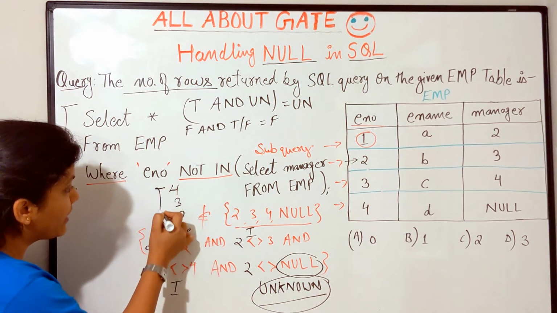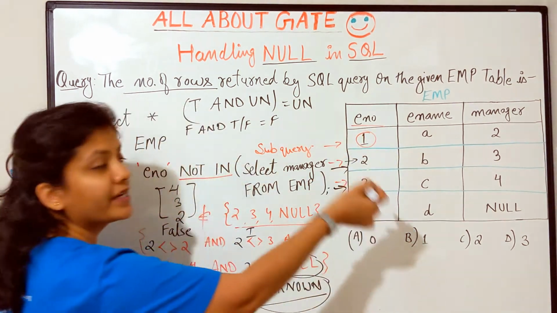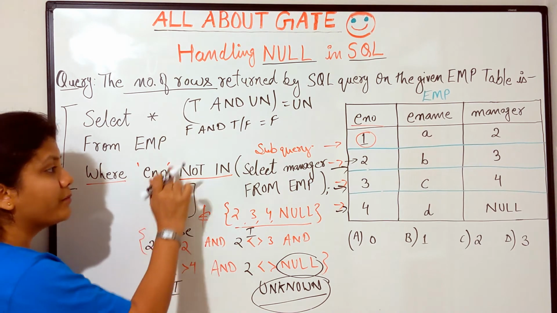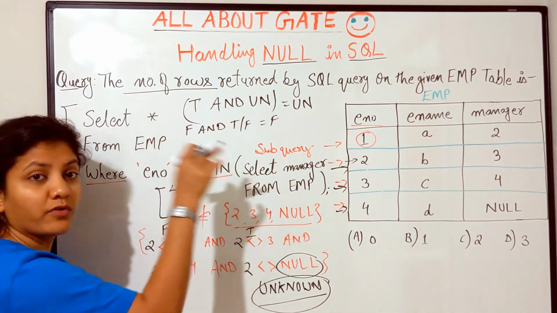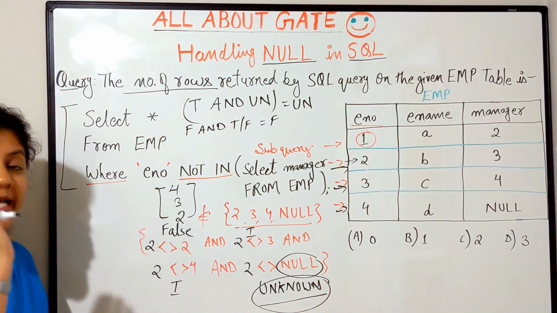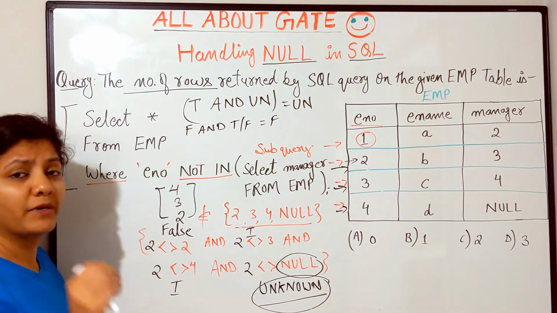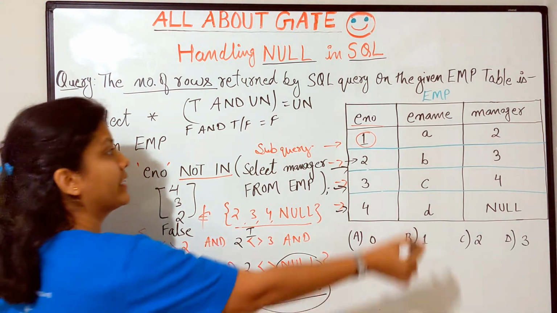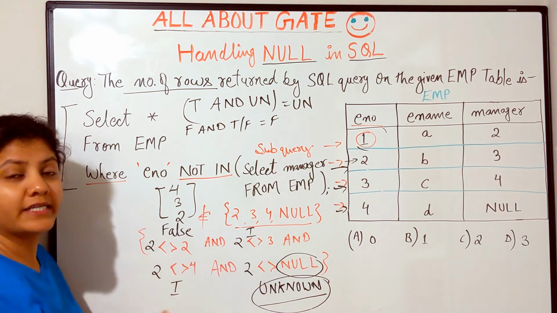These three tuples are anyway not going to get selected, because employee number 2, 3 and 4 belong to this set. The majority of students, I believe, must have given the wrong answer, as they expected 1 to be selected. Why it is not selected, I have explained.